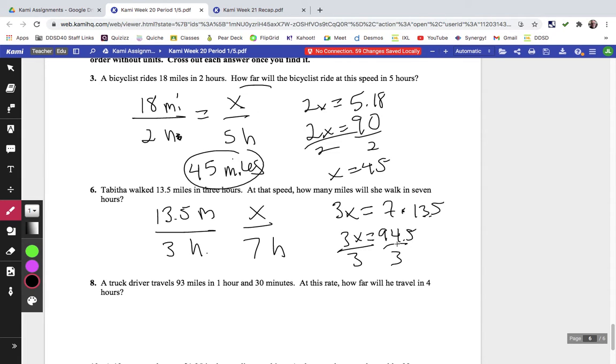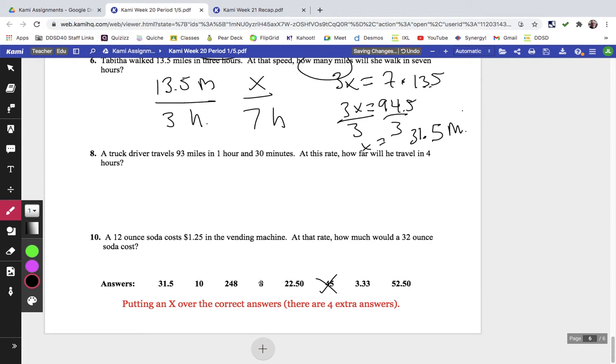Divide by 3. X equals 31.5. And it's how many miles? So we'll look for 31.5.